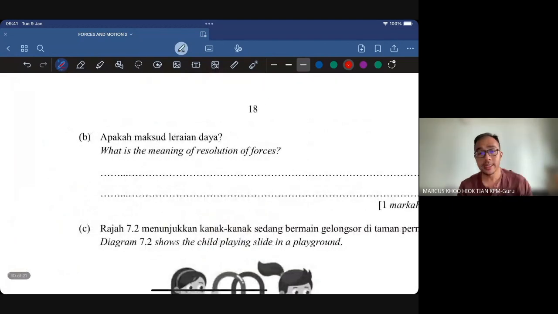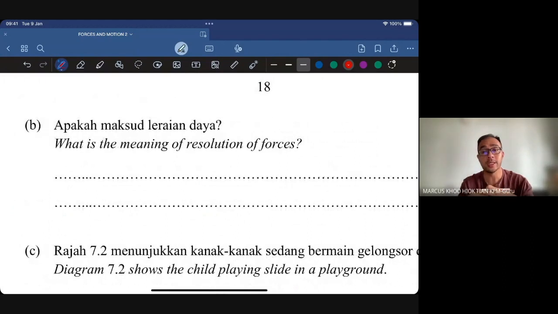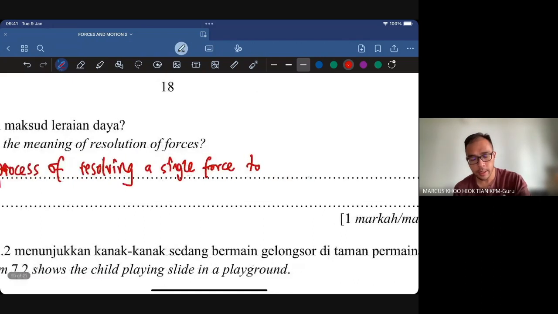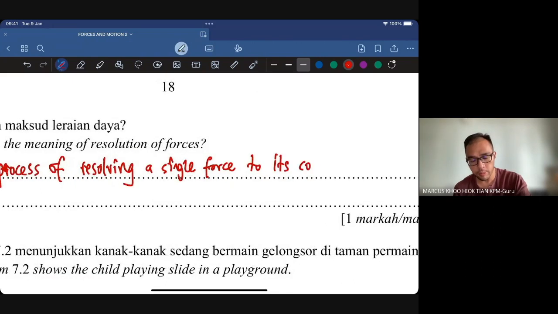What is the meaning of the resolution of forces? Resolution of forces is the splitting of one force into its components. Resolution of forces is the process of resolving a single force into its component forces.